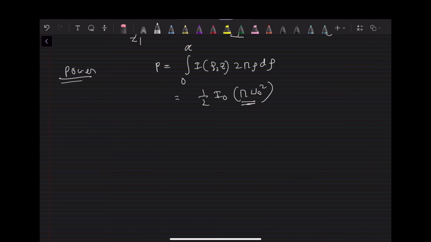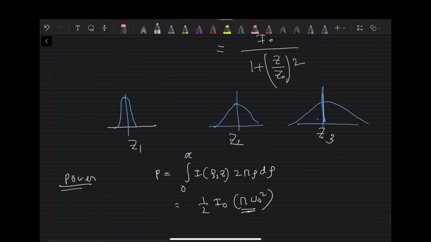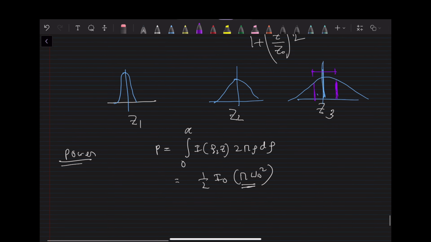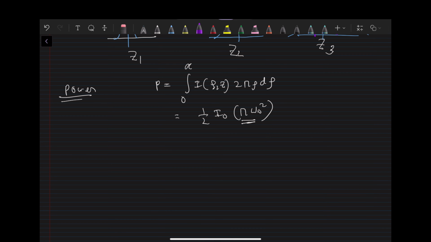But what is important is that, suppose a Gaussian beam is spreading like that, then we want to know, suppose we have a detector of this size, how much power will we be measuring? That's very important. Now what we want to find out is how much power we have till radius something like rho naught, or the fraction of total power, so we can write it as this.